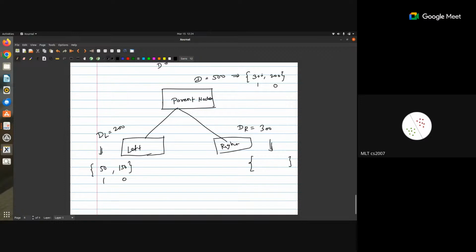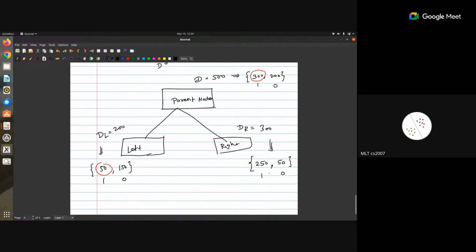How many positive class data points were there in the original data set? 300, right? Out of this 300, 50 go to this side. So how many should go to the other side? The remaining ones, right? Can I say that they will be equal to 250? And definitely the remaining zeros will be 50 here.